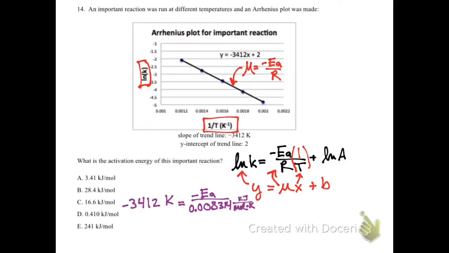So we'll multiply negative 0.008314 kilojoules per mole Kelvin by both sides, and we'll get our answer, which is 28.4 kilojoules per mole.